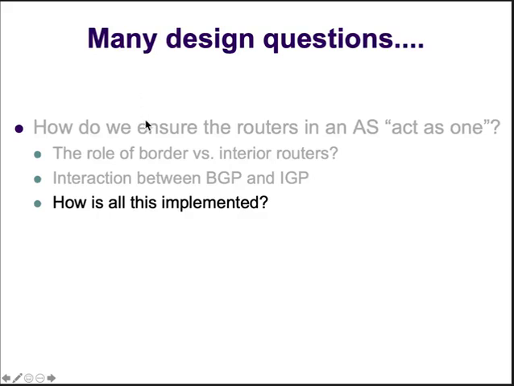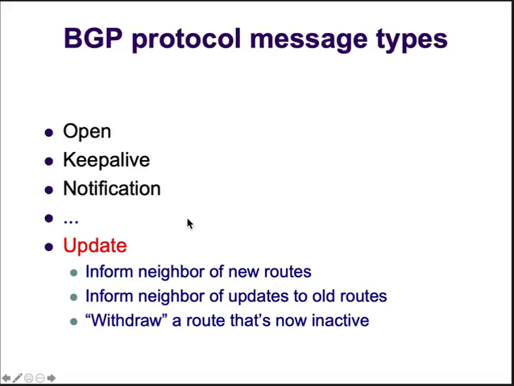All right. So how is all of this actually implemented in terms of protocol messages and protocol exchanges? The BGP protocol specification has quite a few message types. In this class, we're going to focus really on what we call a route update. But just know that there are many other types. For example, there's a type of message to open a session. There's another type of message called a keep alive, just to say this session is still active, this border router is still up, and so on.